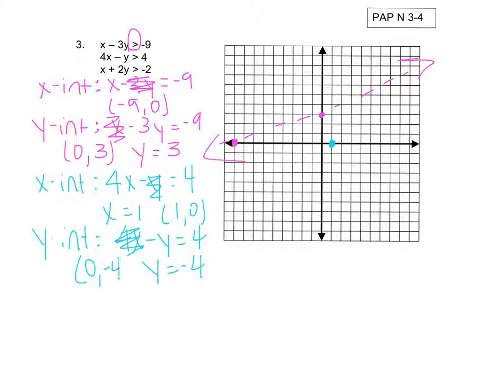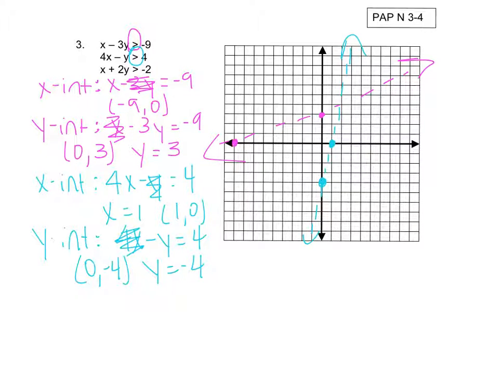So 0, -4. And it just says greater, not equal to, so it should be a dotted line.